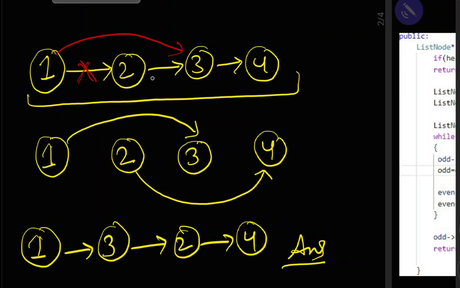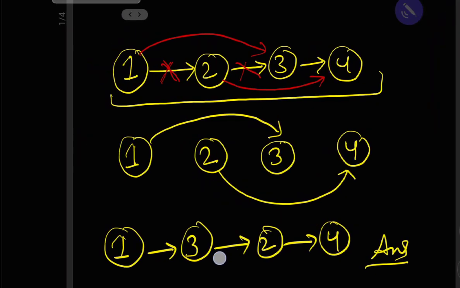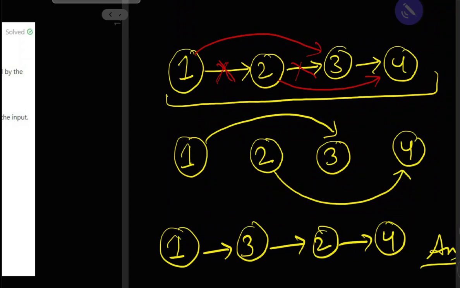Similarly, we need to break the 2 to 3 pointer, because 2 needs to point to 4, since it is even.